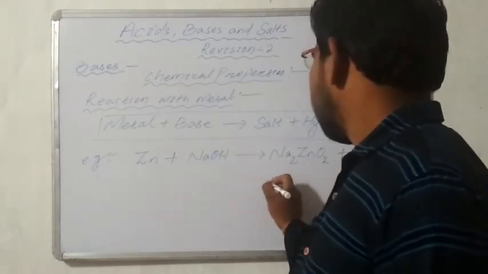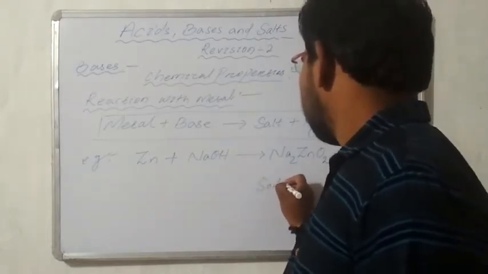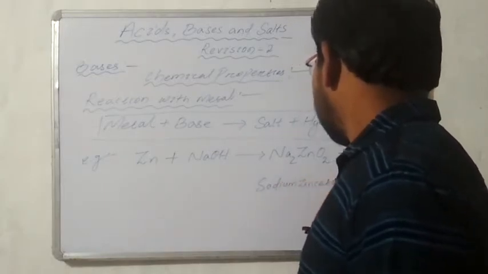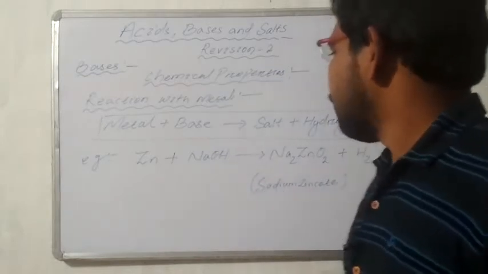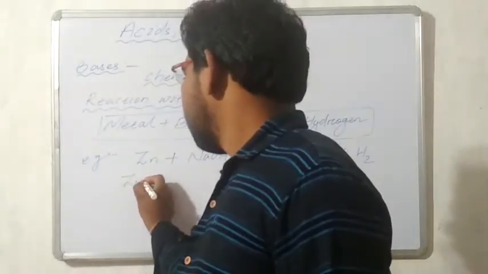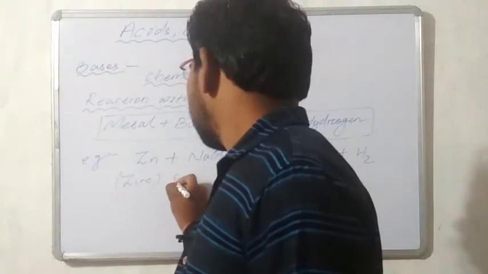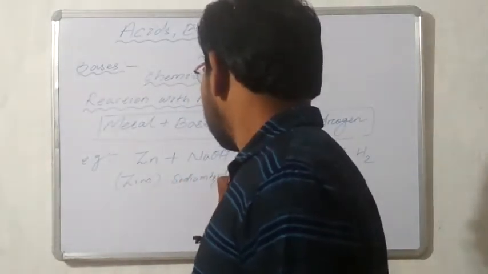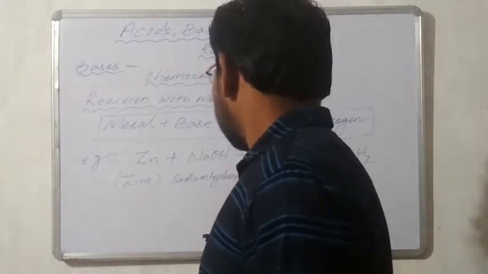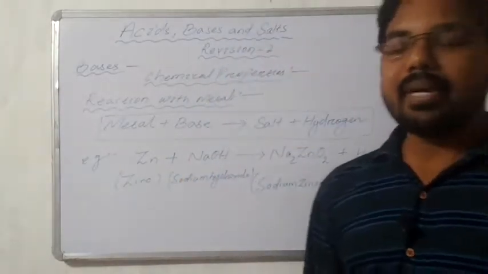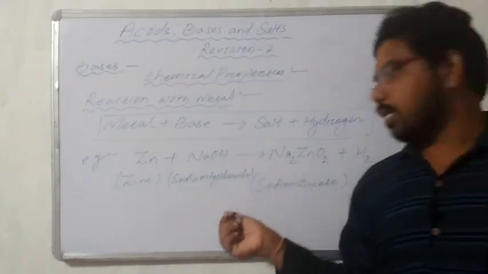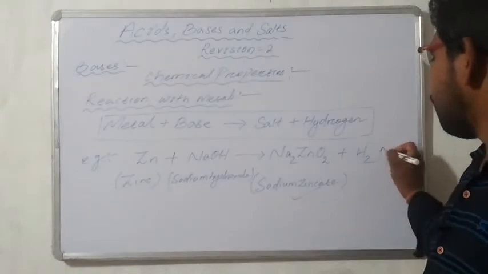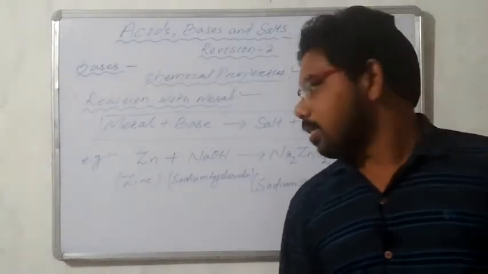This salt is named sodium zincate. The metal is zinc, and the base is sodium hydroxide. So when zinc metal reacts with sodium hydroxide, sodium zincate salt is formed with the evolution of hydrogen gas.